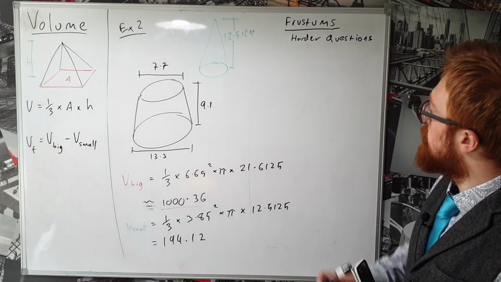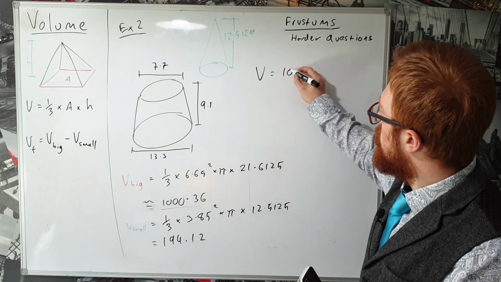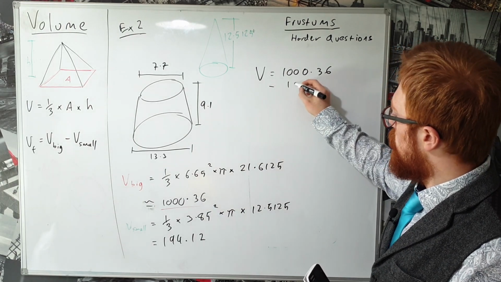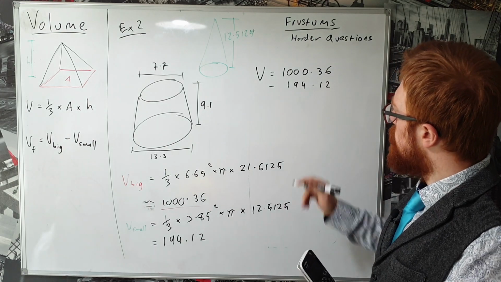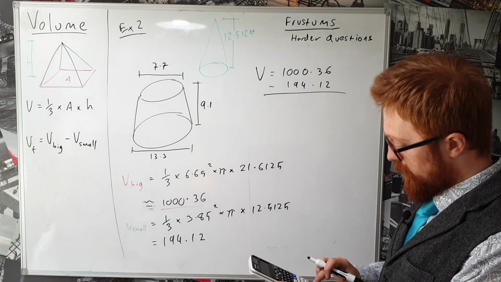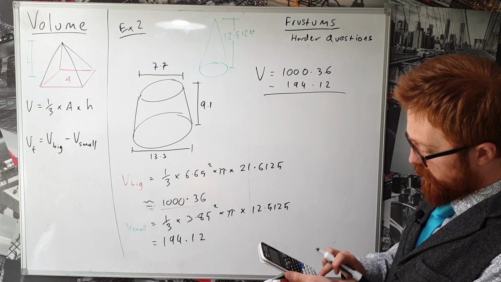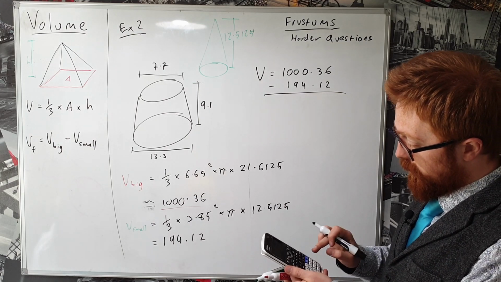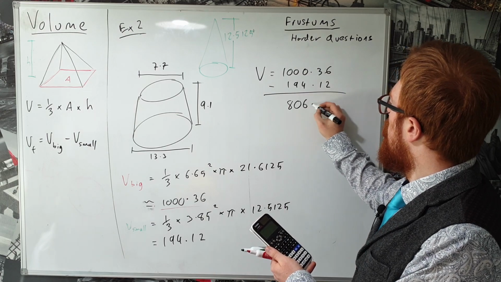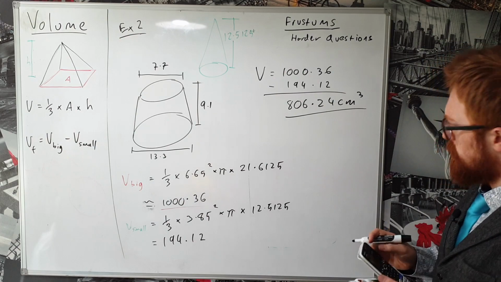So then our final answer, the volume of the whole thing, is 1000.36 take away 194.12. Since we're already using a calculator, I might as well use it. 1000.36 take away 194.12 is equal to 806.24 centimetres cubed.